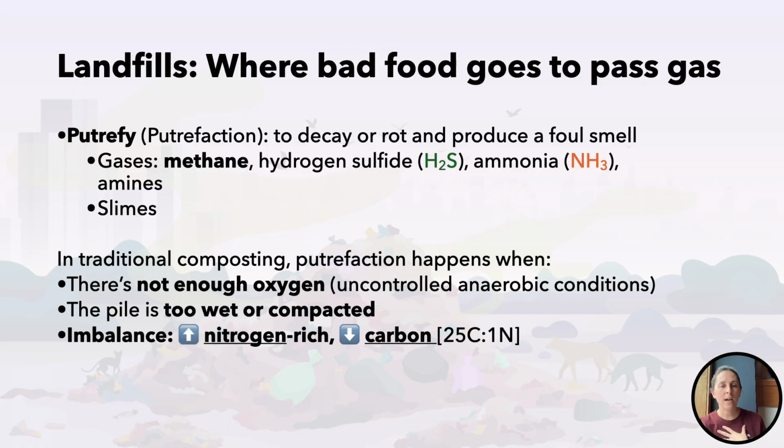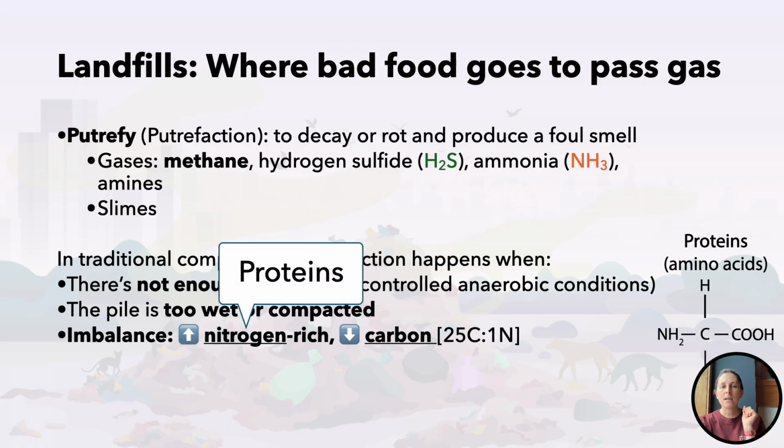And so when I said nitrogen rich, I hope you go, oh, that's familiar, because it should be. Here we have proteins. And so we'll go back to that amino acid over there on the right. Take a look over on the left side of that structure. You'll see we have that NH2. So any of our food scraps that are going into the compost pile that is green is generally considered nitrogen rich because they do have proteins.